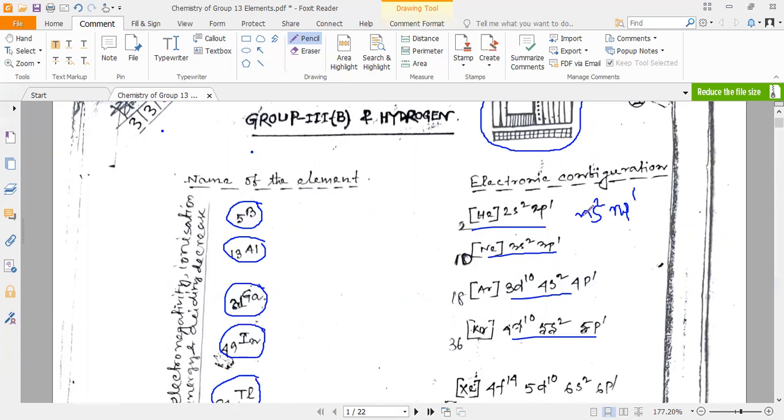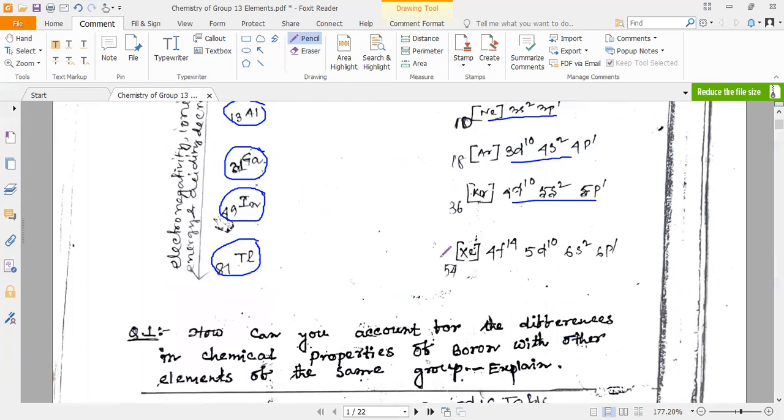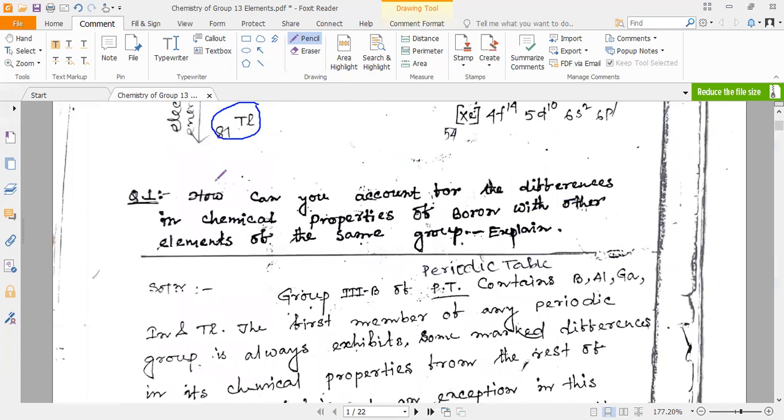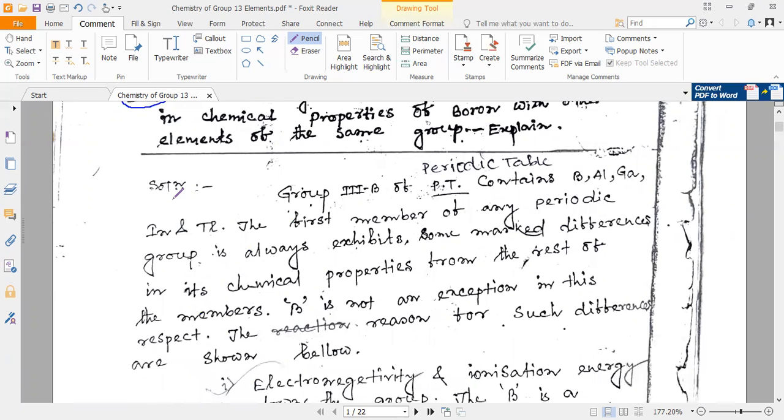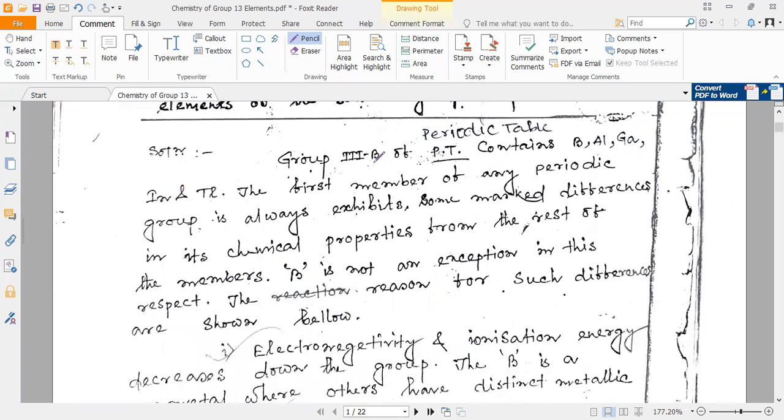np1. Okay. So coming to one important question that comes up all the time in different university exams: how can you account for the differences in chemical properties of boron from the other elements of the same group? Group 13 contains boron, aluminium, gallium, indium and thallium.